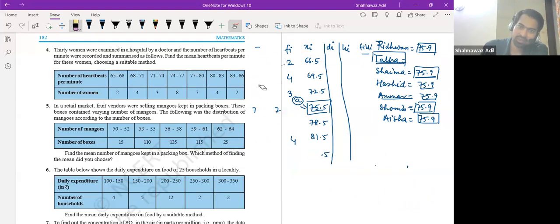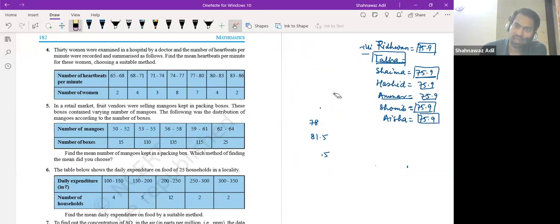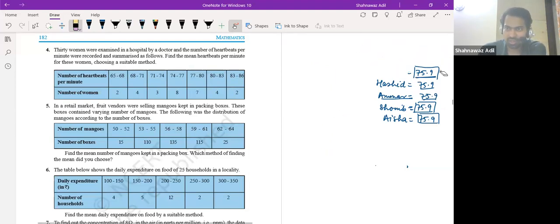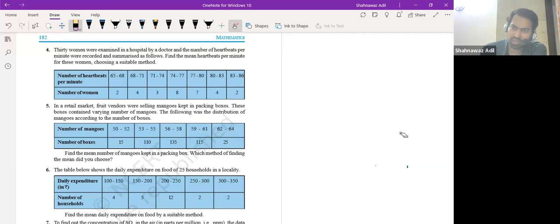Everybody got the answer. So yeah, guys, we need to practice, right? And Shaima, this mark doesn't show your caliber. You are much better than that, right? So we have to work again, right, Shaima? Because I know your caliber, I know your potential. This mark doesn't represent your potential. And we also didn't complete those chapters, right?